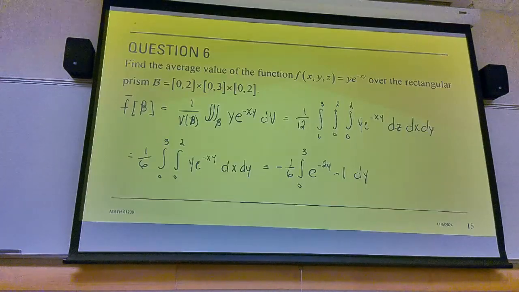Antiderivative would just be negative e to the negative xy. Evaluate that from x equals 0 to 2. E to the negative 2y minus e to the 0, right? Oh, no integration by parts. What's the partial derivative of negative xy with respect to x?